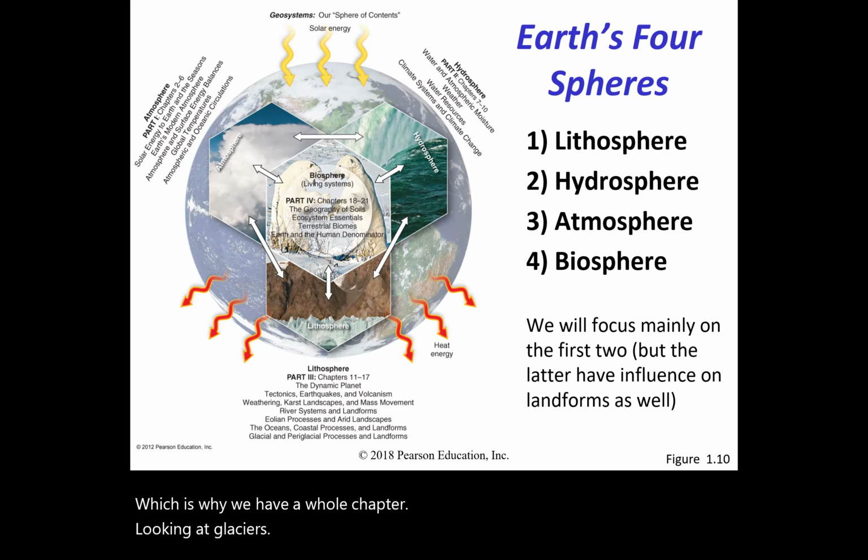Then there's the atmosphere, which is all the gases that surround the Earth, oxygen, carbon dioxide, methane, nitrogen. We would talk about the weather if we were dealing with the atmosphere.